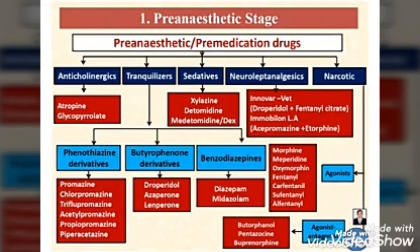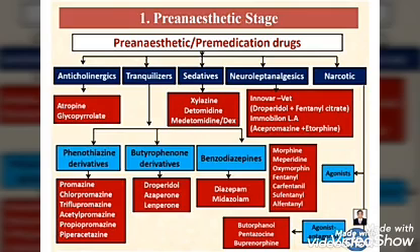Then the age factor is also helpful for the selection of these drugs. The temperament of the animals is also helpful, such as furious and docile animals. Depending on the temperament, you can use the pre-anesthetic drugs. And finally, the physical condition of the animals is a very important point: obese animals, lean animals, overweight animals.